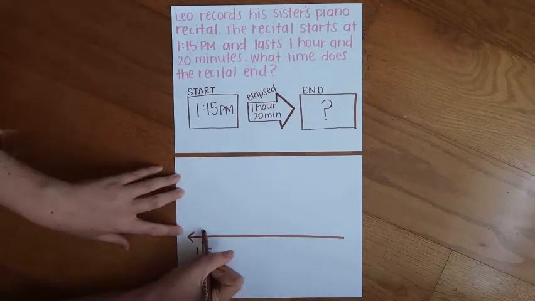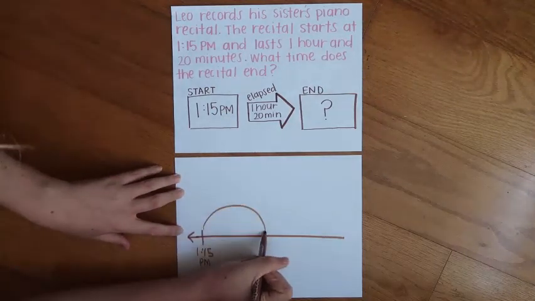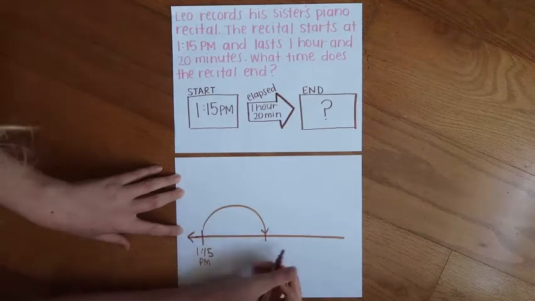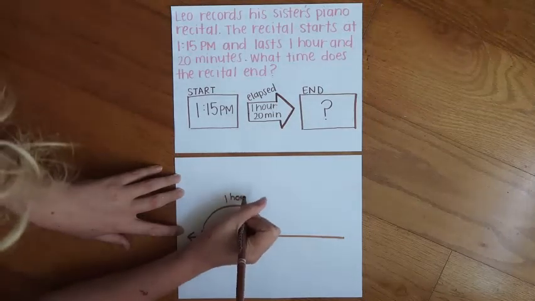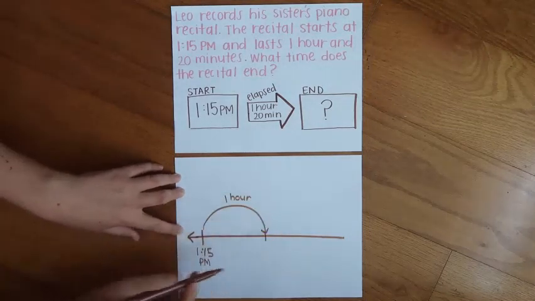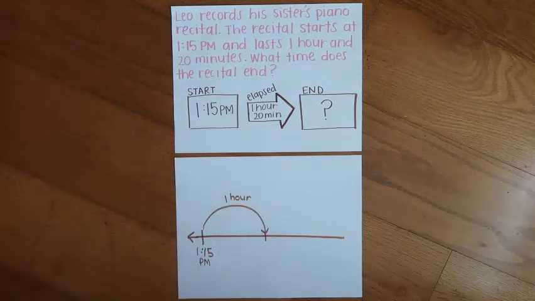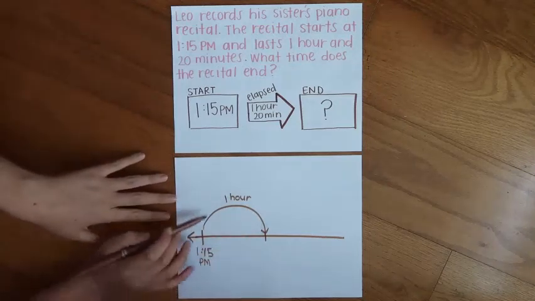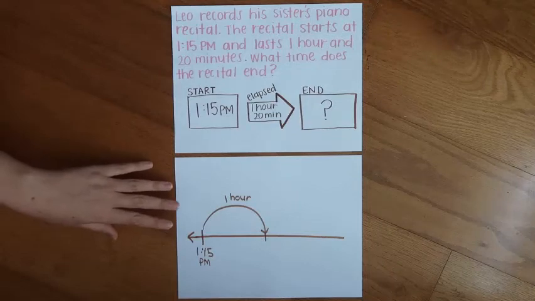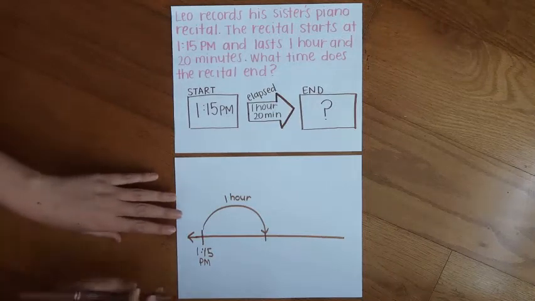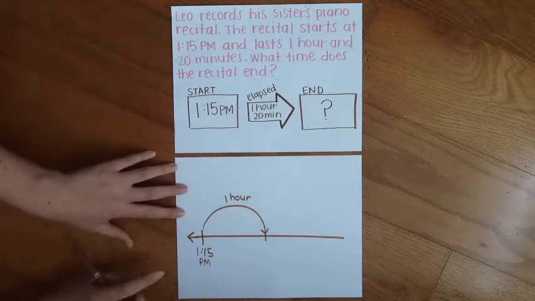So it's 1 hour into the future, and that 1 hour hop doesn't need to be a specific size. It's an open number line, meaning I can make it fit on my page and fit what I need it to do.